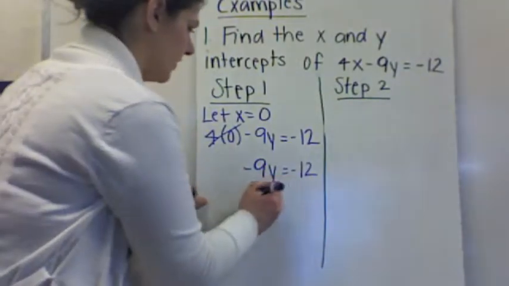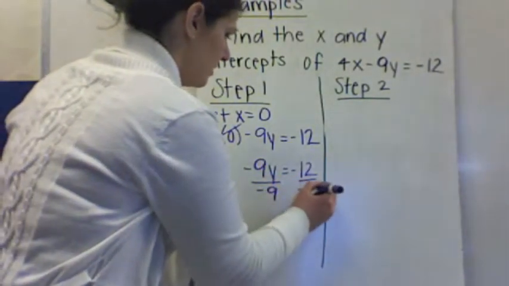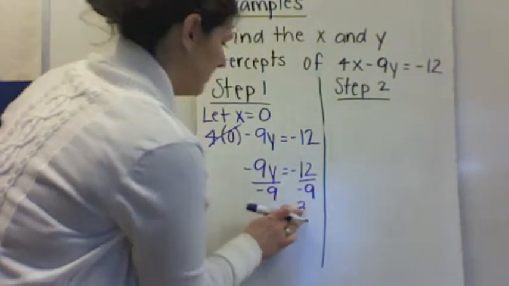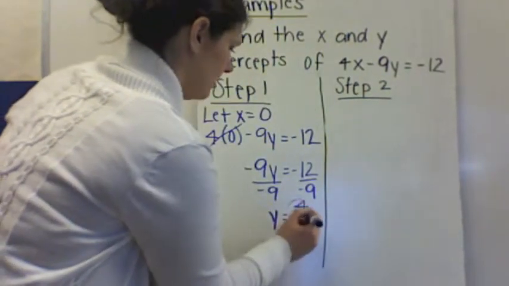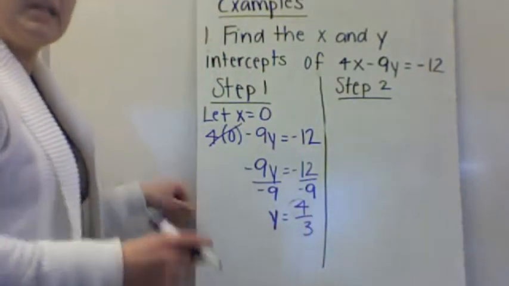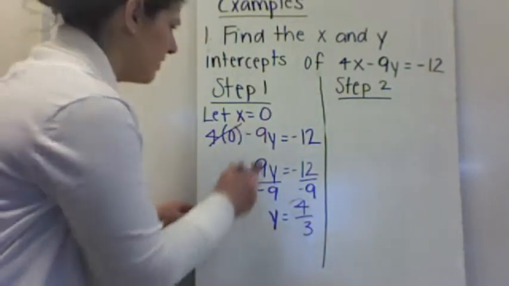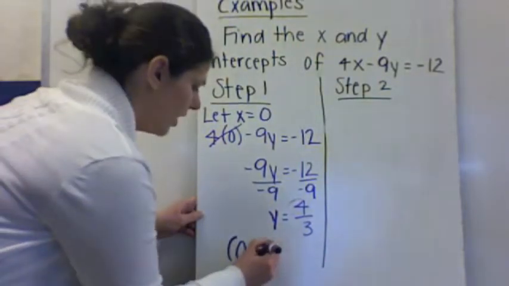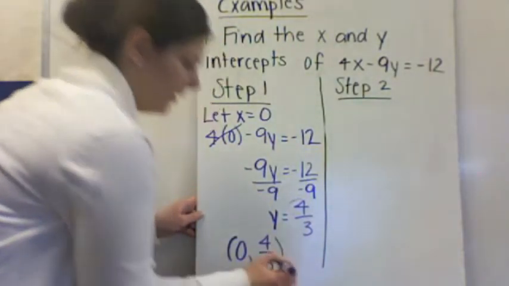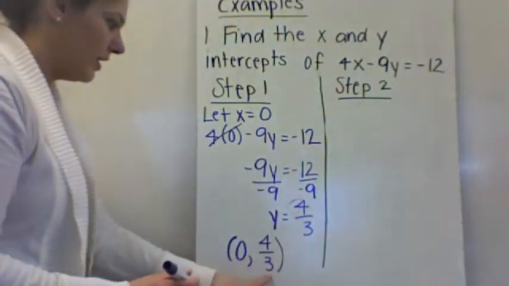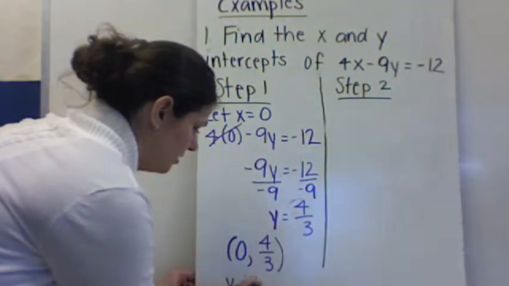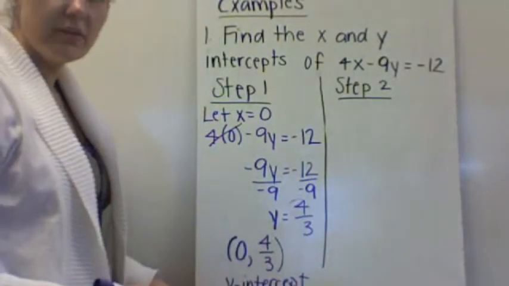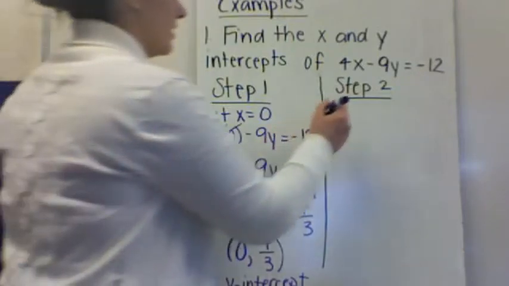One-step equation, divide both sides by -9. Y equals 4 thirds. That makes an ordered pair because x was 0, so (0, 4/3). Since we have the number for y, that's our y-intercept.